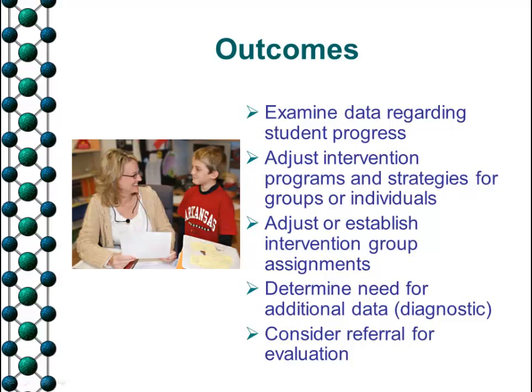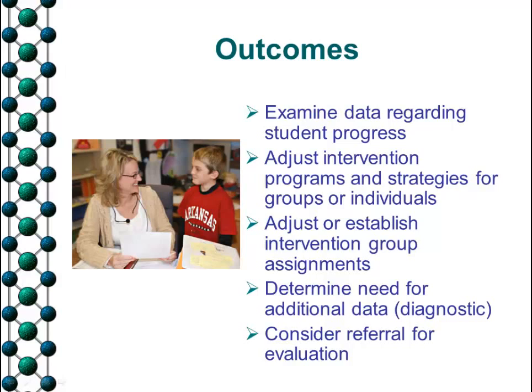The outcome of an intervention level meeting is to examine the data regarding the student progress. And if, after examination, something isn't working, or even something is working, we may need to adjust the intervention. We may need to establish or adjust the groups.